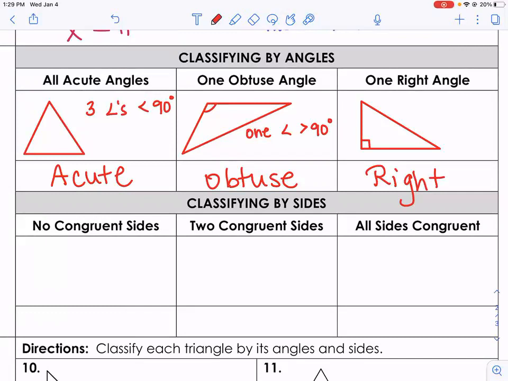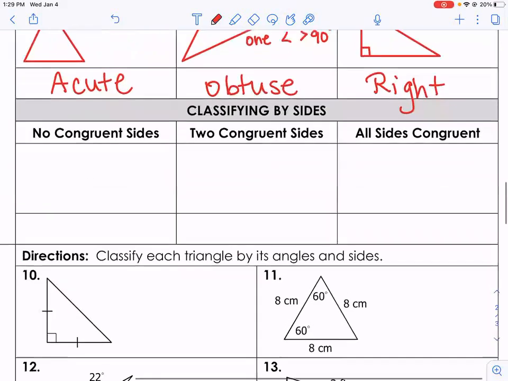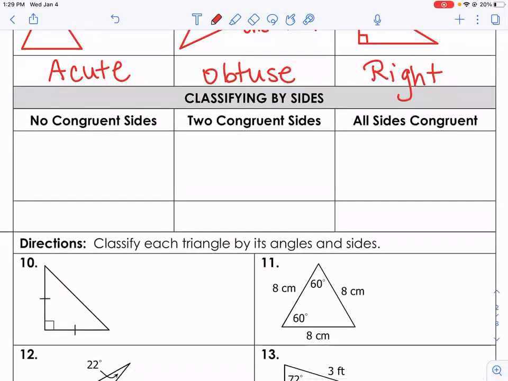There is also a set of categories based on their sides. So it's going to be classified two ways. We're going to pick one category for the angles and one category for the sides. So we're going to go from right to left. All sides congruent. Do you know what that is?